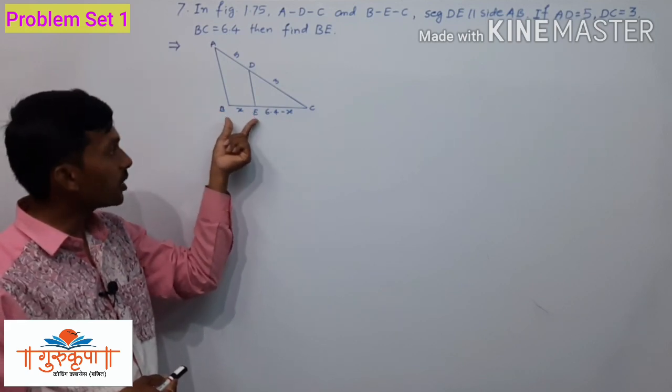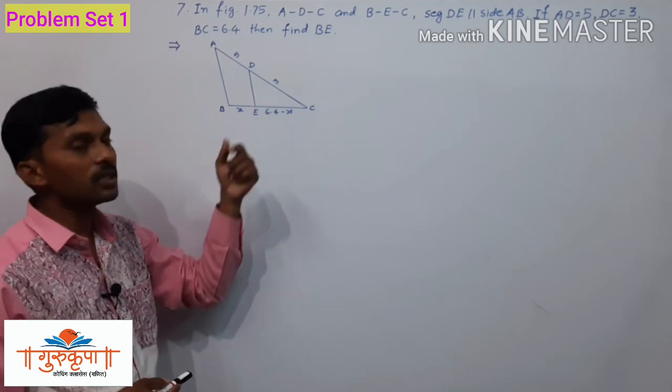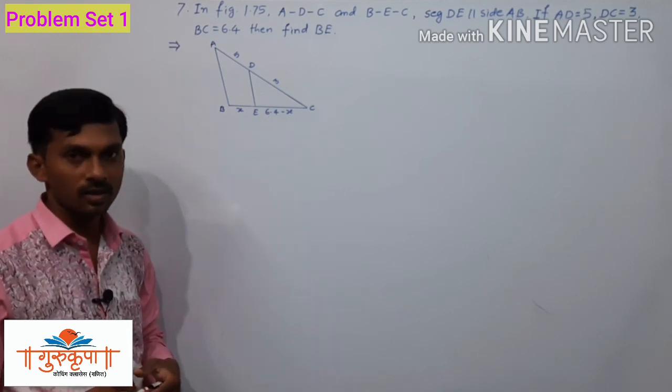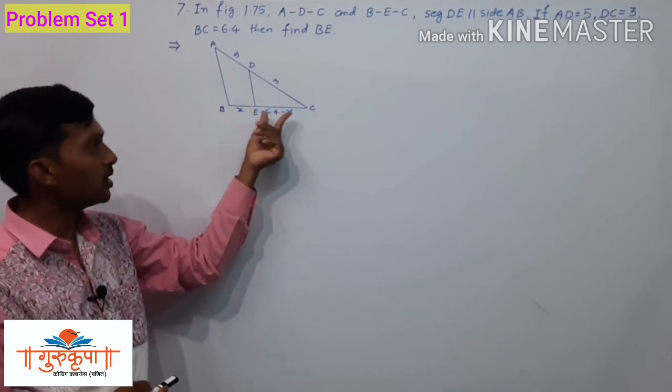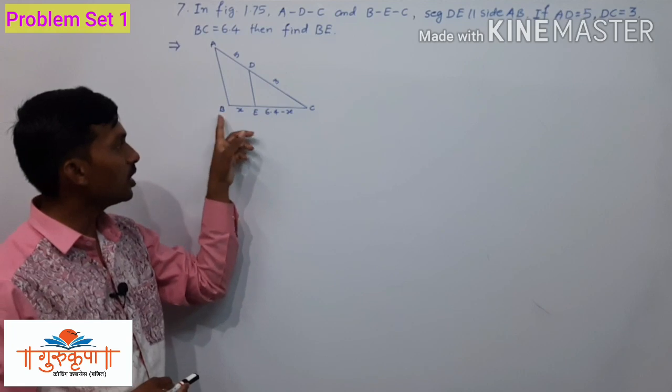Once we consider BE as X, then CE is 6.4 minus X, because BC is given as 6.4 minus this BE, that is X, is equal to EC, by using the relation of betweenness.